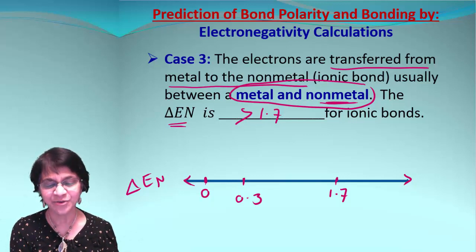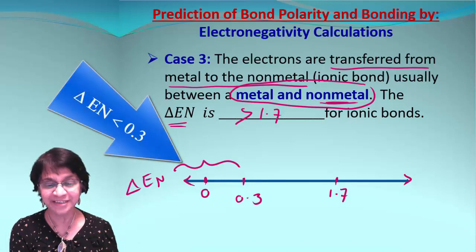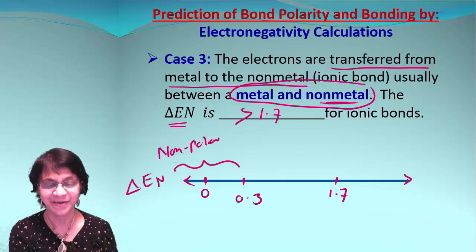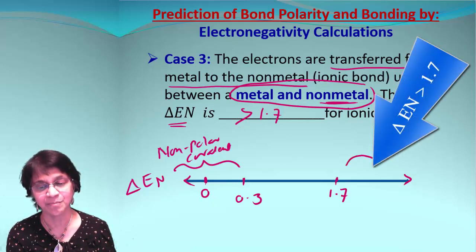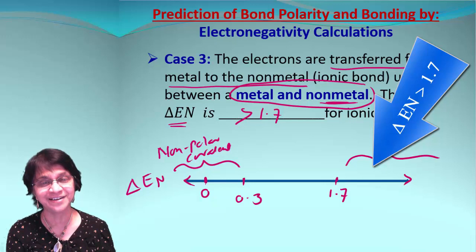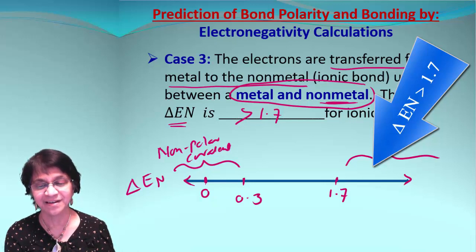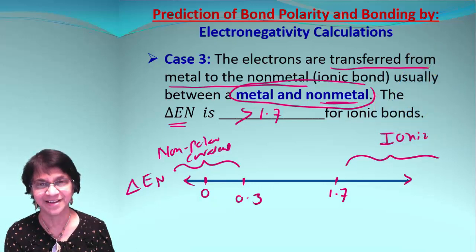So if your value is anywhere below 0.3, what is it going to be? That will be a non-polar covalent compound. If your value is above 1.7, anywhere here, that will be an ionic compound.